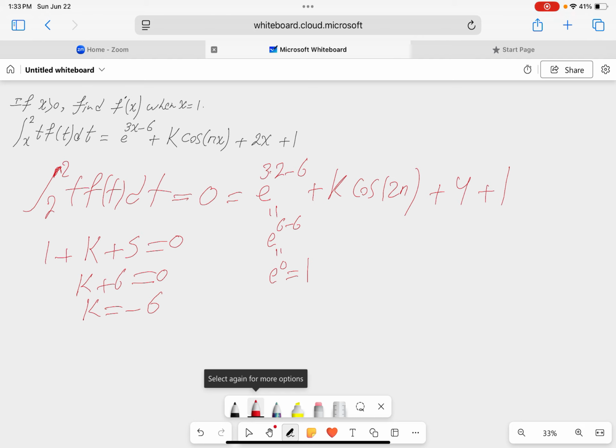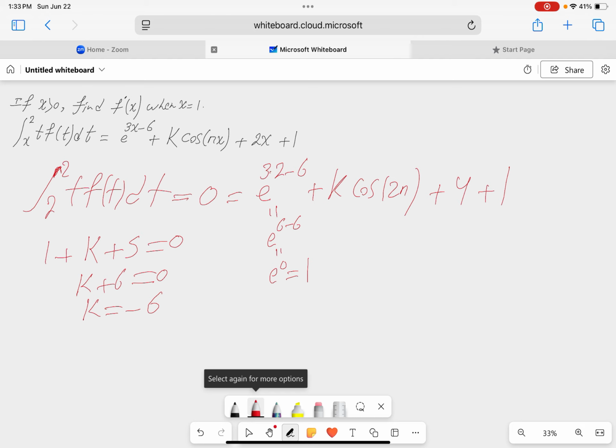Now we can use the fundamental theorem of calculus. It states that when you take a derivative of an integration with respect to x, it gives you the function in terms of x when the integrand is in terms of t. As we can see here, we have the integration over the interval 2 to x of t f(t) dt.